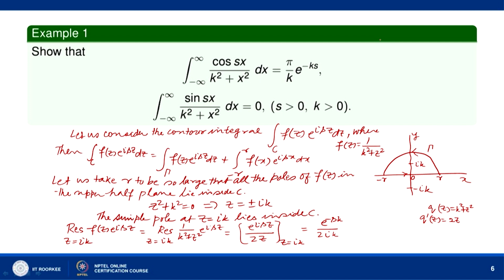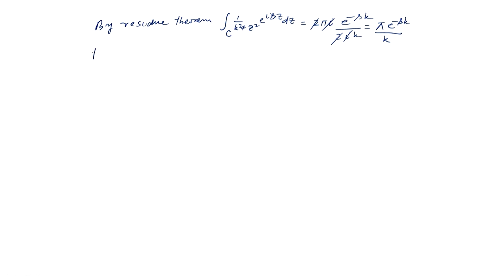Let me call it equation number 1. Let us take r to go to infinity, then this we have already evaluated. So, this will become the integral from minus infinity to infinity of f(x) e to the power isx dx. That will be equal to the value of the residue multiplied by 2 pi i, we got the value of this integral, minus the integral over gamma.